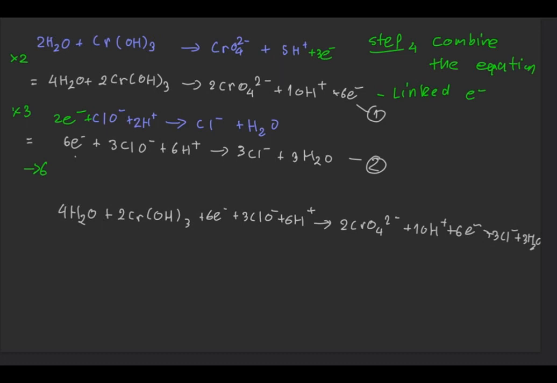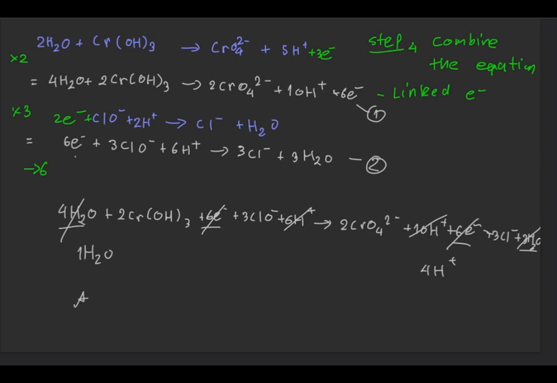Let's cancel out what we can. The electrons completely cancel out. The water molecules also subtract from each other, leaving just one water molecule on this side. As for protons, they cancel out to leave 4 protons on the right side.